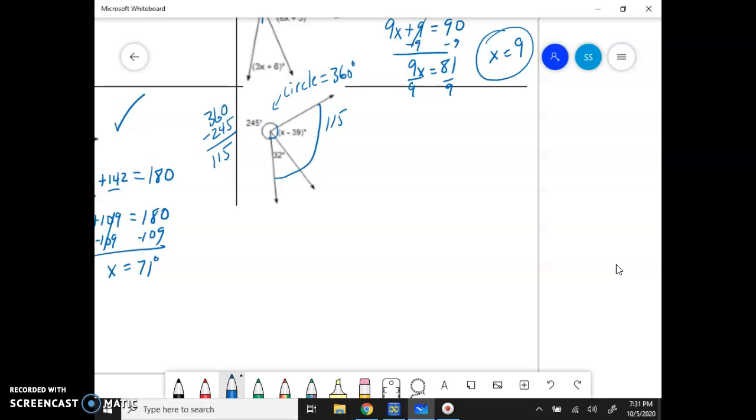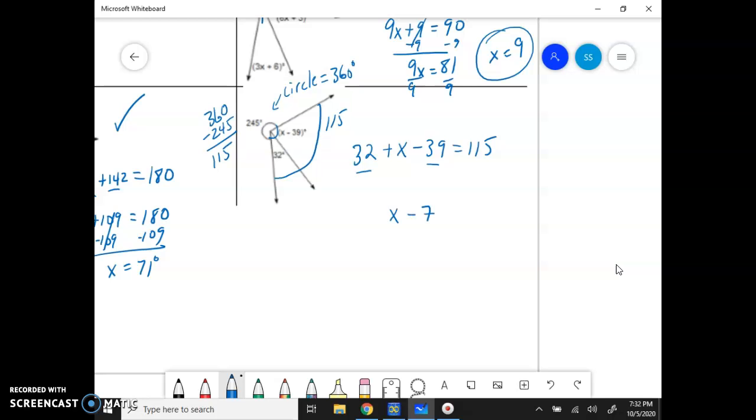Now it's a little bit smaller numbers to deal with. You got 32, this angle here, plus this angle here, has to equal this bigger angle, right? So if we do 32 plus x minus 39 is equal to 115, combine these like terms, and I'm going to get x minus 7, right?